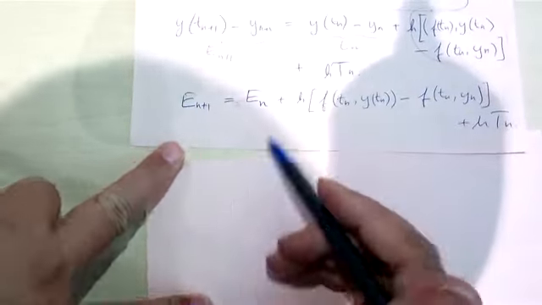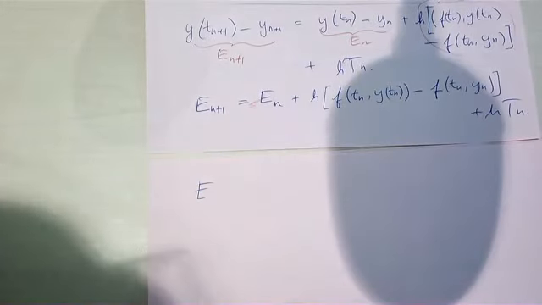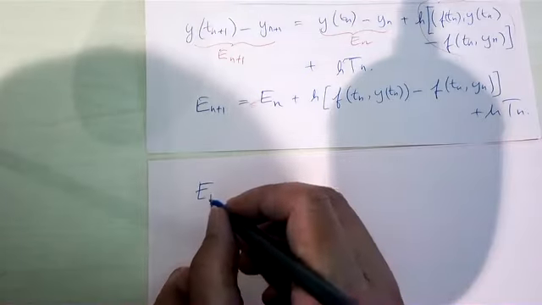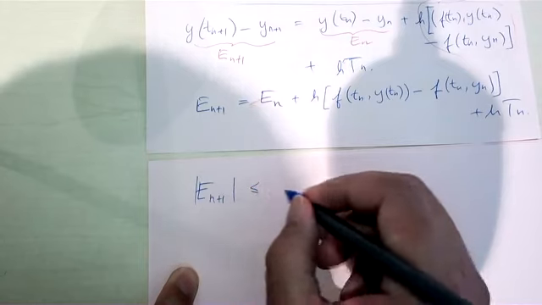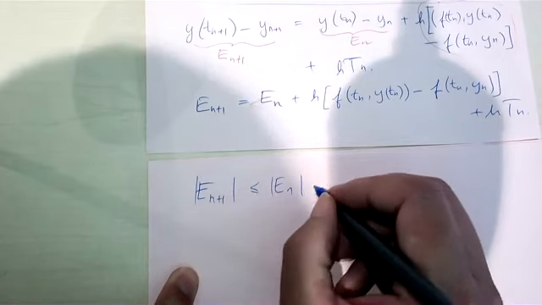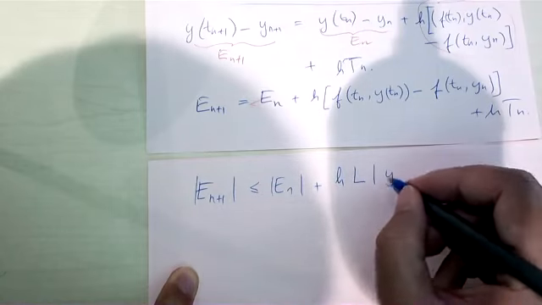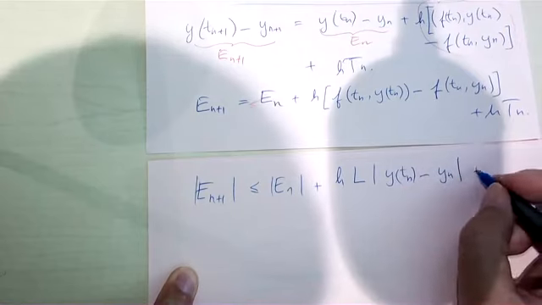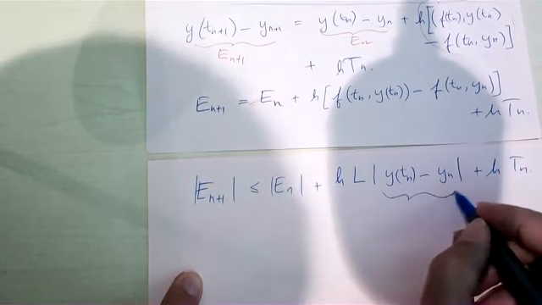So if I take an absolute value, yeah. So e(n+1) will be less than or equal to |en| plus h L |y(tn) minus yn|. Okay, and this one is nothing but en again.